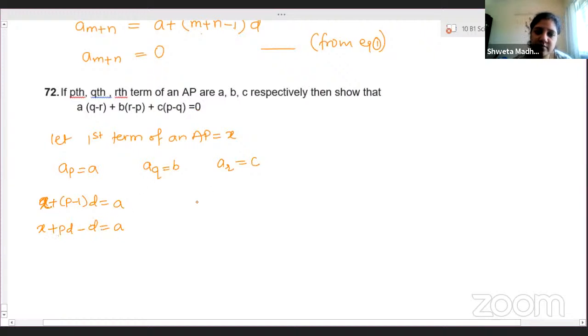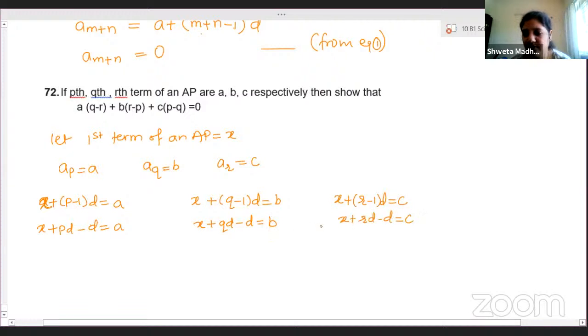Then a_q is x plus (q minus 1) into d, is equal to b. So x plus qd minus d is equal to b. And the rth term is x plus (r minus 1) into d, and that value is c. So x plus rd minus d is equal to c.